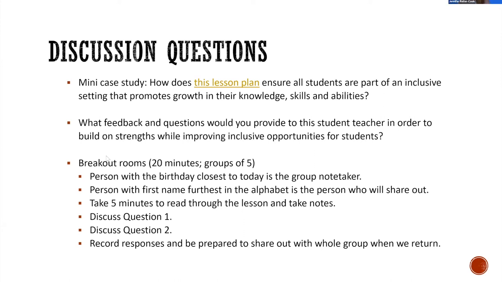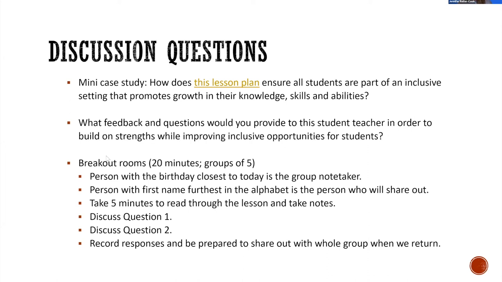You can use some of the resources that we just went over. You can use your own experience, whatever you'd like, but you'll be in the breakout rooms for about 20 minutes. I think we're right on time, which is fantastic. And then those are the parameters of the breakout groups. If we can get the groups close to 5 people, that'd be great. 4 to 5.